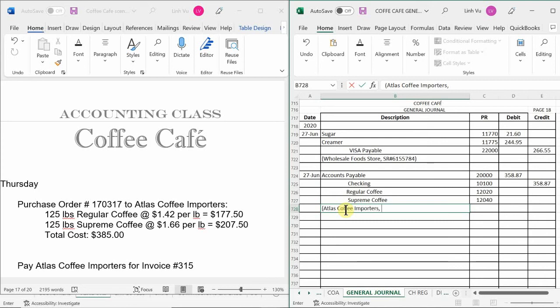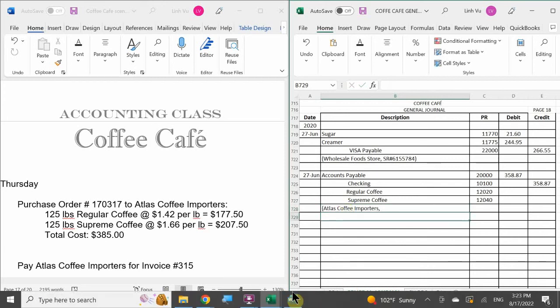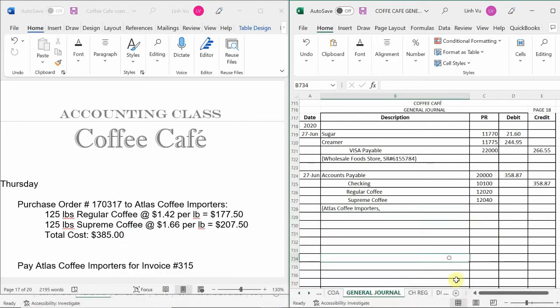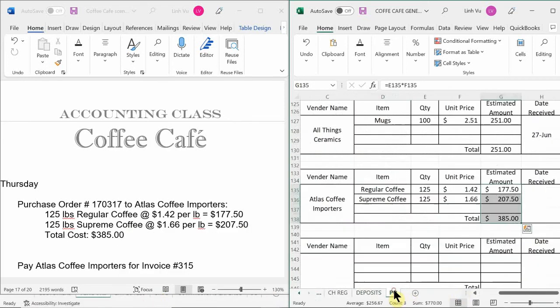Now, where would we be able to find? We have to go back to, we could either go to the purchase order for that one, or we can go to the subsidiary and see what it said. Oh, not subsidiary, but purchase orders would be a perfect example because we know exactly which one we received and exactly what we ordered.